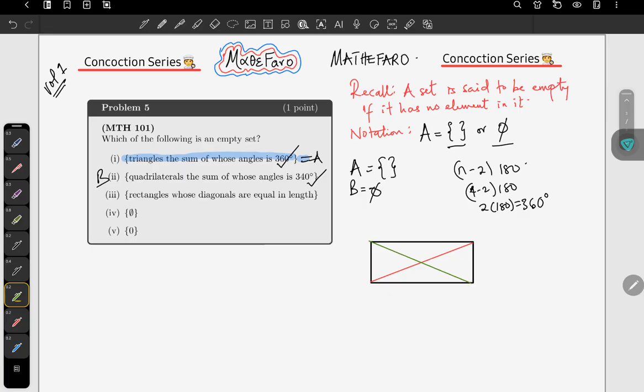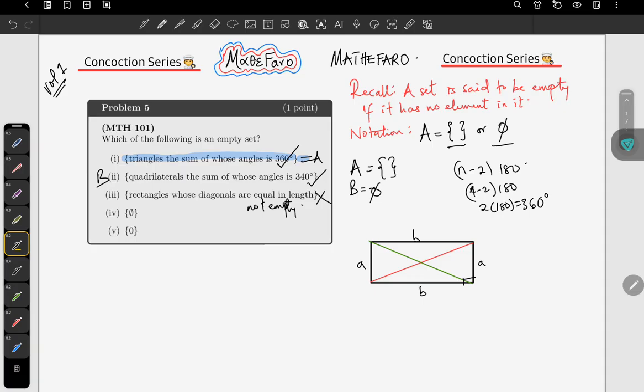The red and green lines are the diagonals of the rectangle, and because of the geometry of a rectangle, the opposite sides are equal. So if this is A, this is A. If this is B, this is B. The right angle triangle with the red diagonal as its hypotenuse is the same triangle, with sides A and B, as the one with the green diagonal as its hypotenuse. So they have to be equal in length. All rectangles have their diagonals equal in length. So this is not empty.